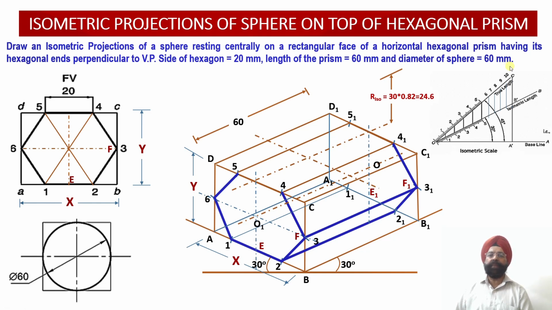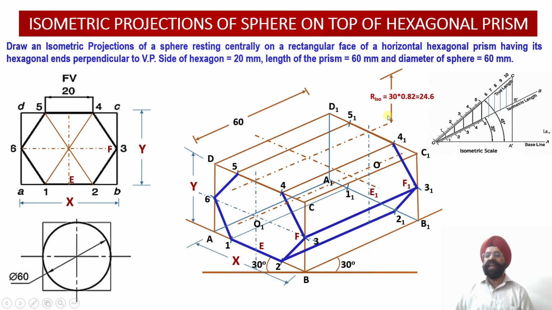And one thing we must remember while we are trying to locate a sphere in isometric projections: even if you view the sphere from any given direction, maybe on HP, maybe on VP, maybe on AIP, maybe on the AVP, whenever you are looking at a sphere from any angle, its projection will always be a circular portion, and there will not be any reduction of the dimension of the sphere when you draw this particular circle. But there is one thing which will be affected in the isometric projection.